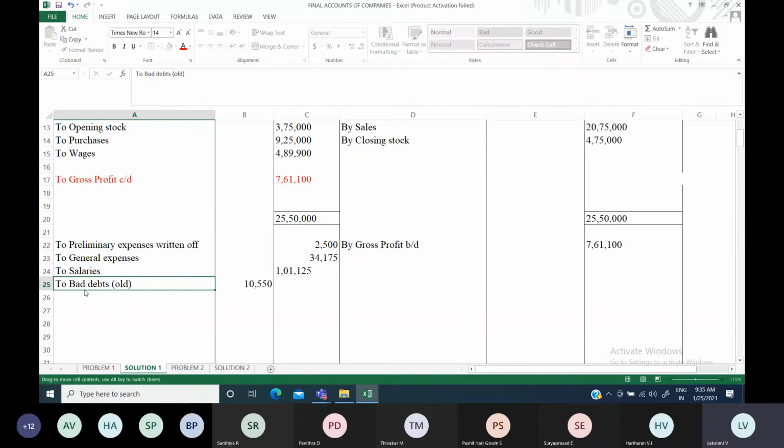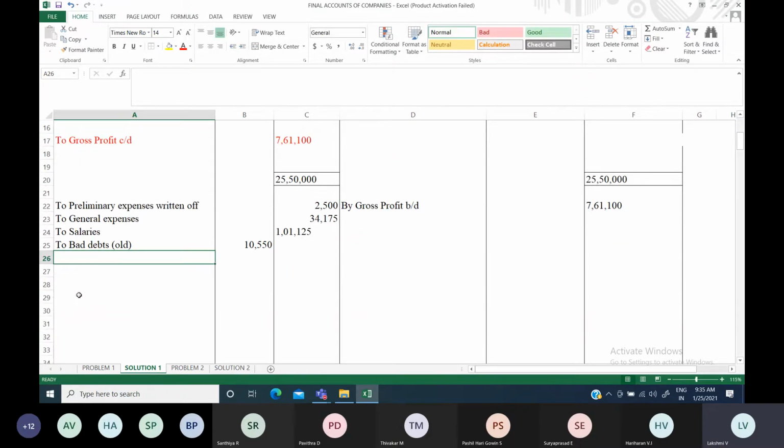With this trial balance bad debts, you have to add the new bad debts. If it is given in the question, it will come, or else you have to mention it as nil only.